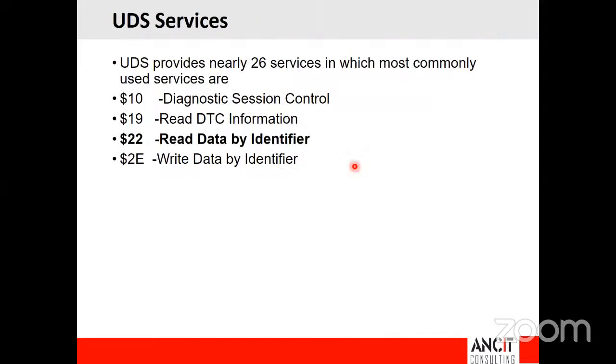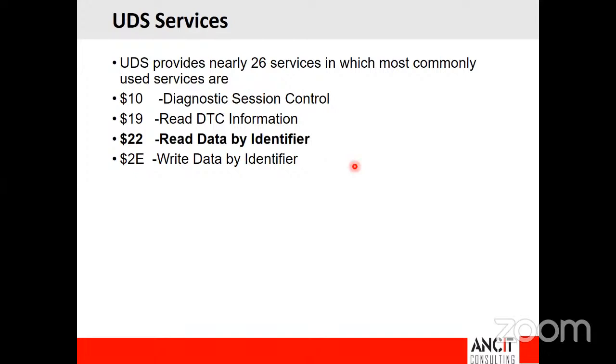The primary responsibility of a DCM is when data is requested. If there is a request from the tester tool to the ECU, that request can be for a DTC status, to read some DID values, which are data identifier values, or to write values.